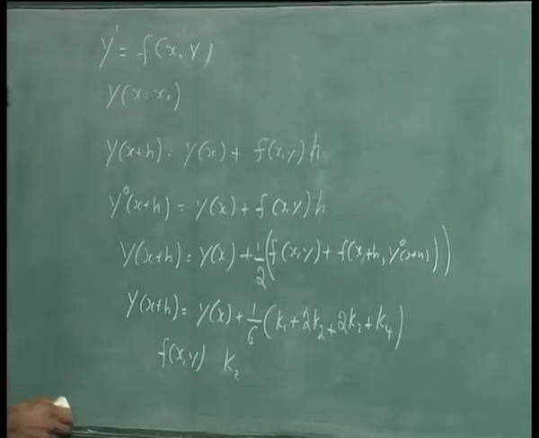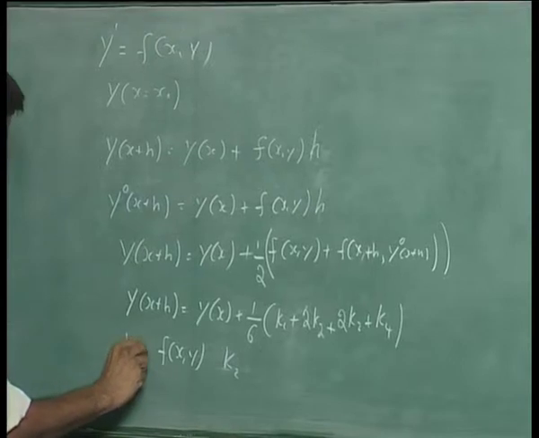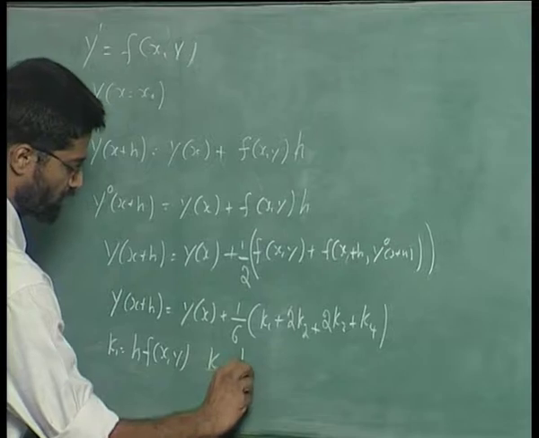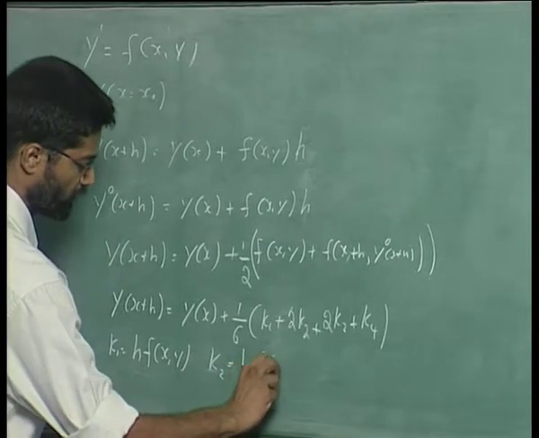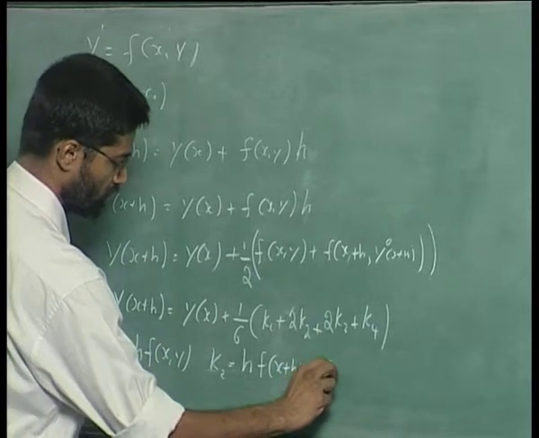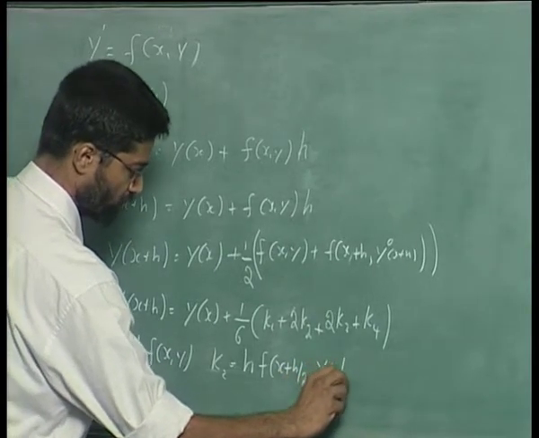So k1 was h times f of x y, and k2 was h times f evaluated at x plus h by 2 and y plus k1.